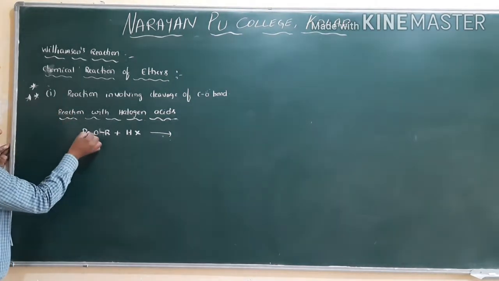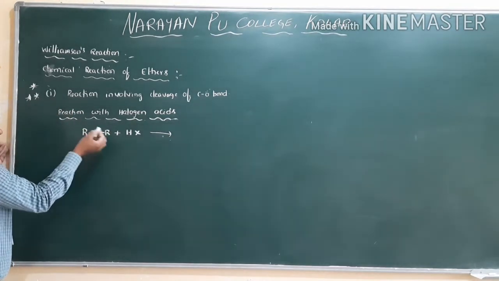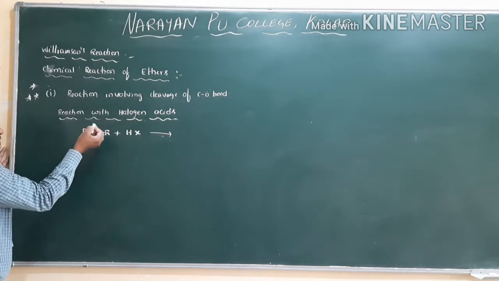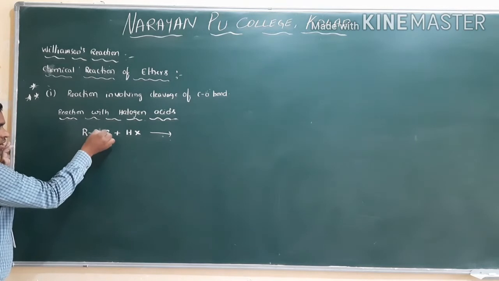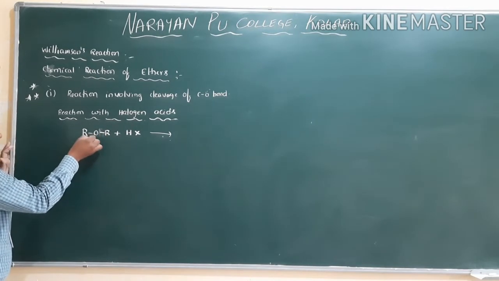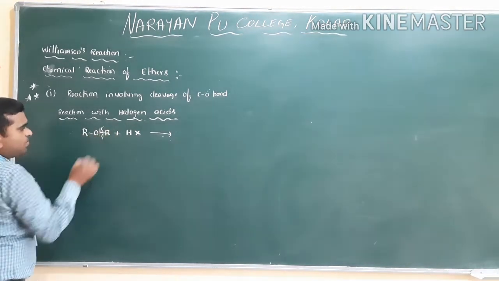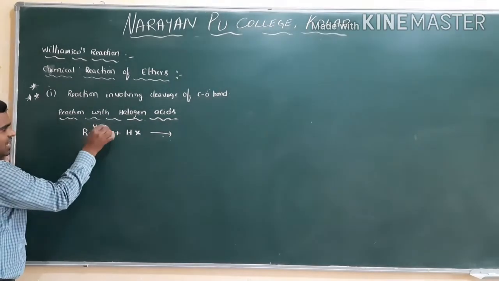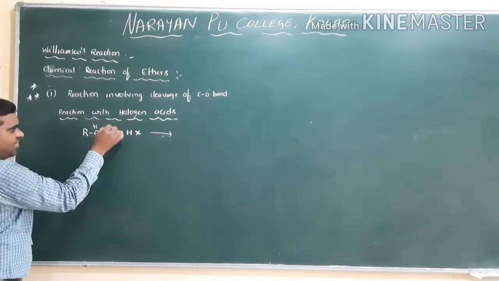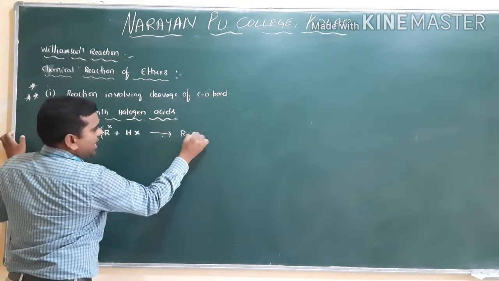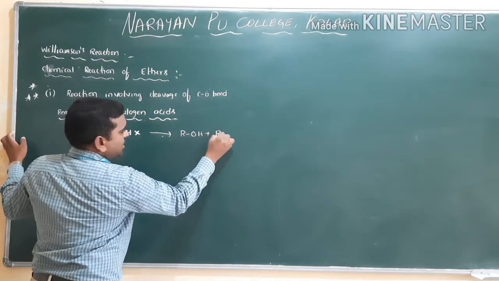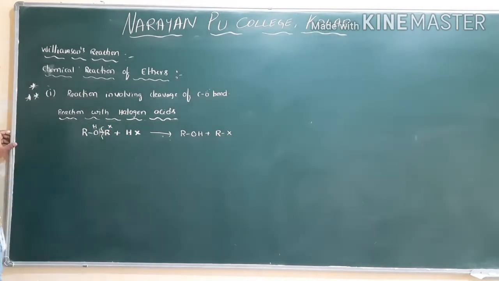One of the C-O bonds will break, and if it is a symmetrical ether, this C-O bond can break at either side. If the bond breaks, H adds to the oxygen and X goes to the other carbon. So you will get ROH plus RX.